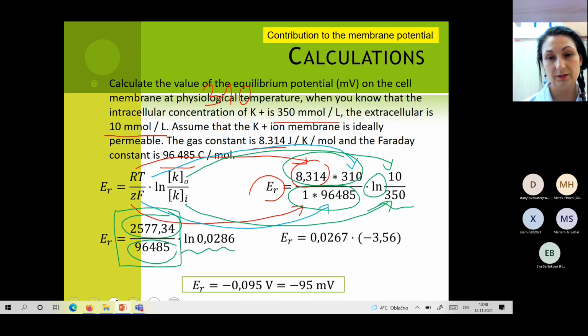It's 0.0595 volts. However, I would like to see the result in millivolts, so you have to shift the comma by 3 places, 3 digits. So in millivolts it is -95 millivolts.